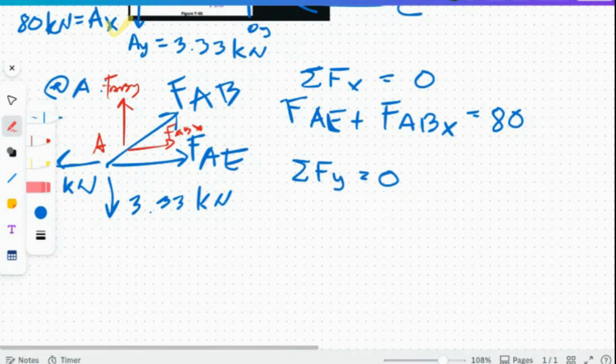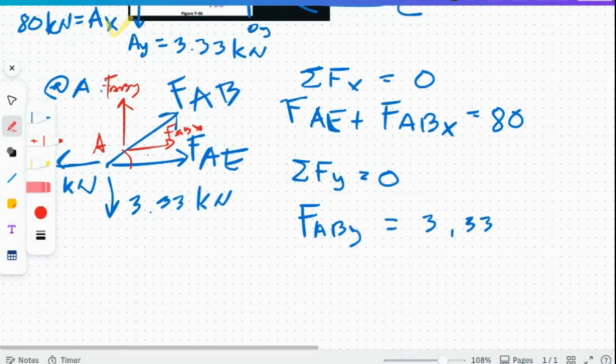So for summation of forces y, it's pretty simple because you only have one force going up, and that is FABY, equal to the force going down, 3.33. Now, what is FABY? In that case, we need an angle.